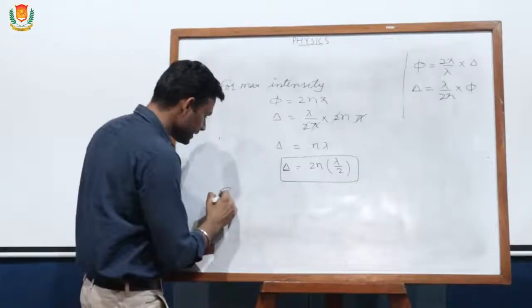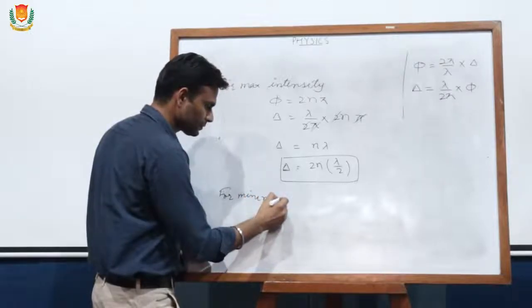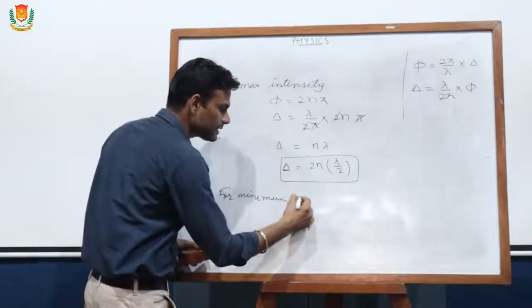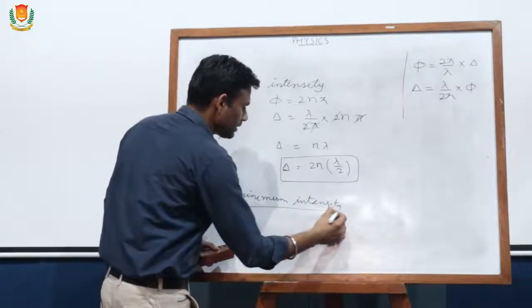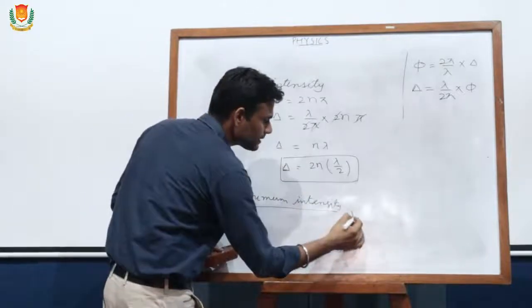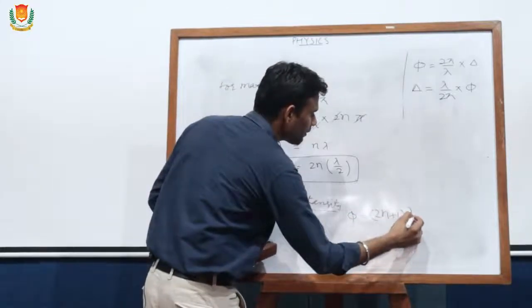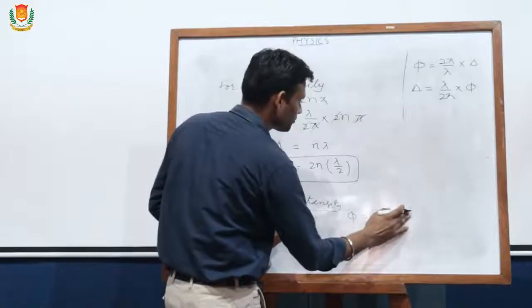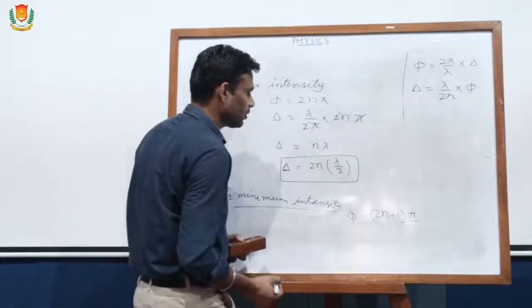Similarly, for minimum intensity, we know that phi is an odd multiple of pi.